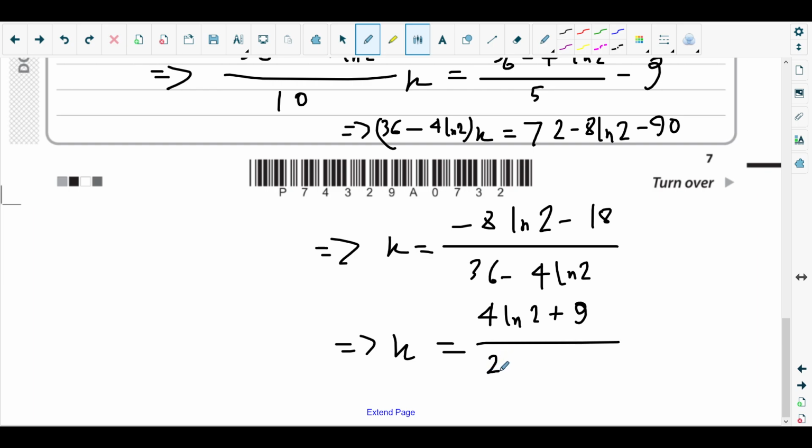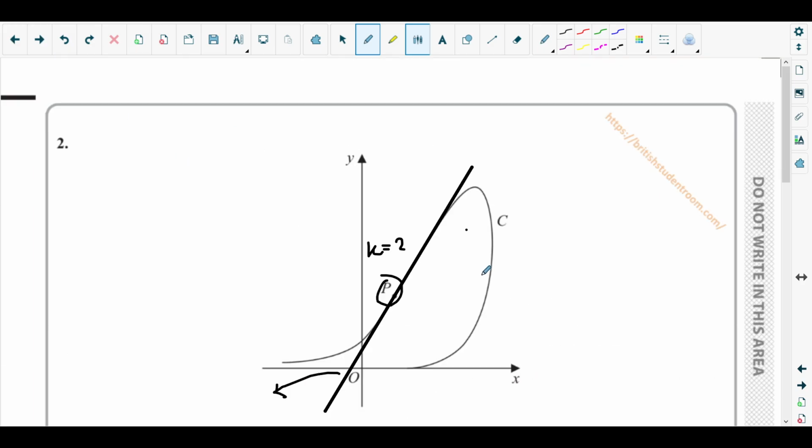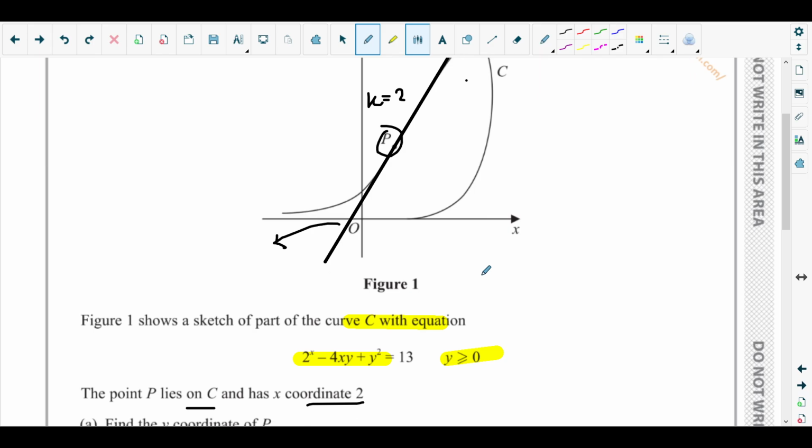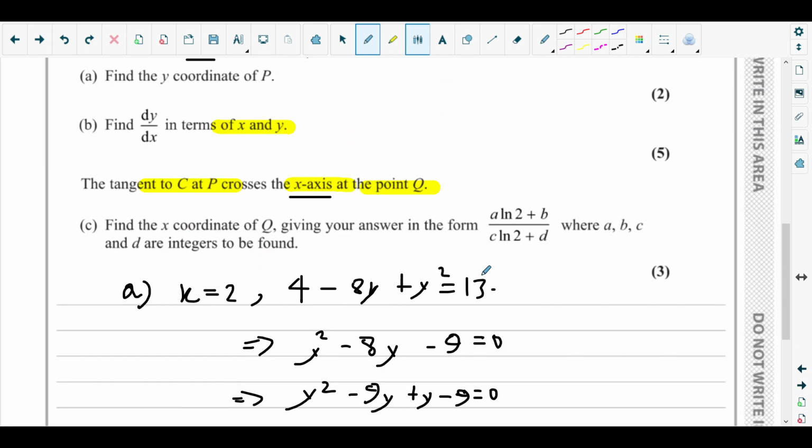You will get 2 ln 2 minus what? 18. Fine. Just multiply negative 1 at the bottom by taking negative 1 common at the top, and this is the value for what? The x coordinate of the intersection with the x-axis.